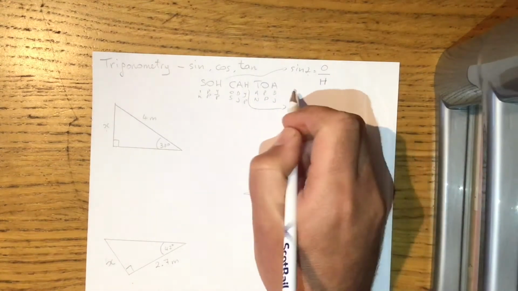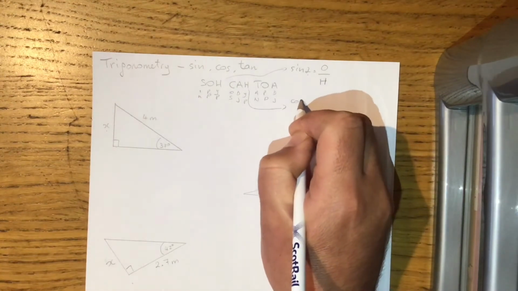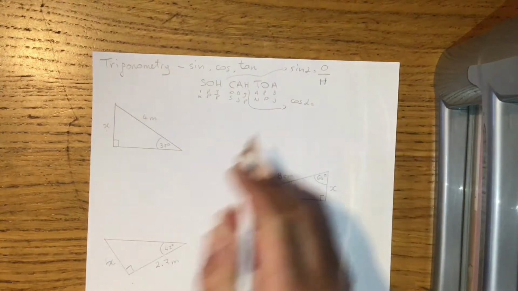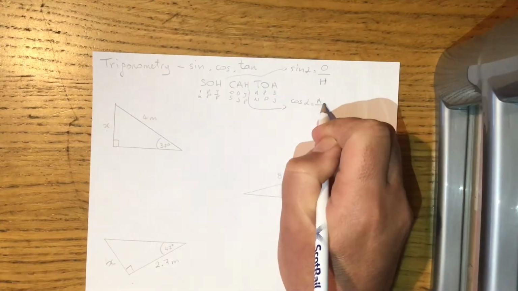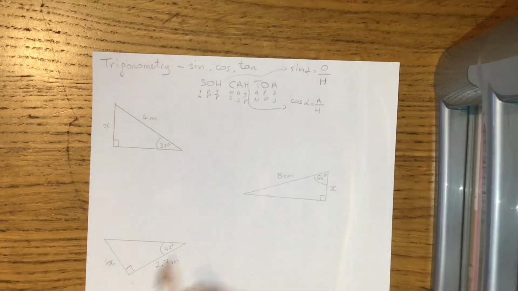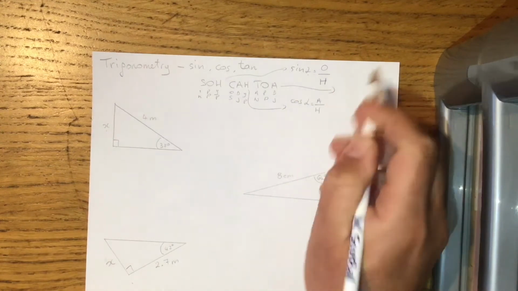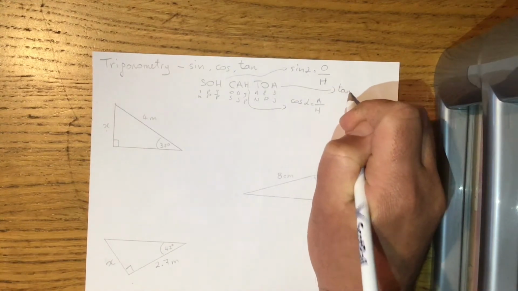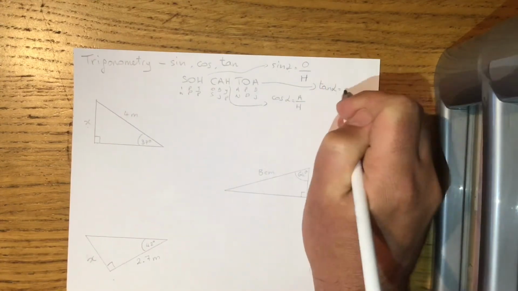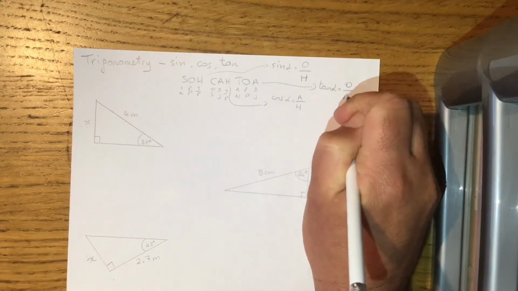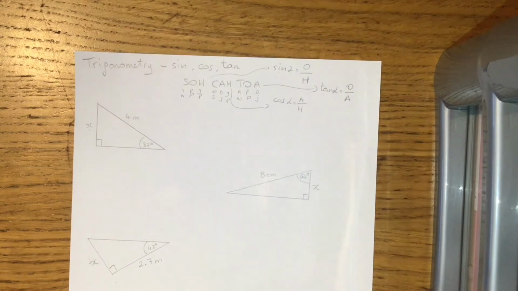CAH will mean cos of the angle is A, the adjacent, over H, the hypotenuse. And TOA will mean that tan of the angle is O, opposite, divided by the adjacent. So they are the formulae I'm going to use to find a missing side and then a missing angle later.